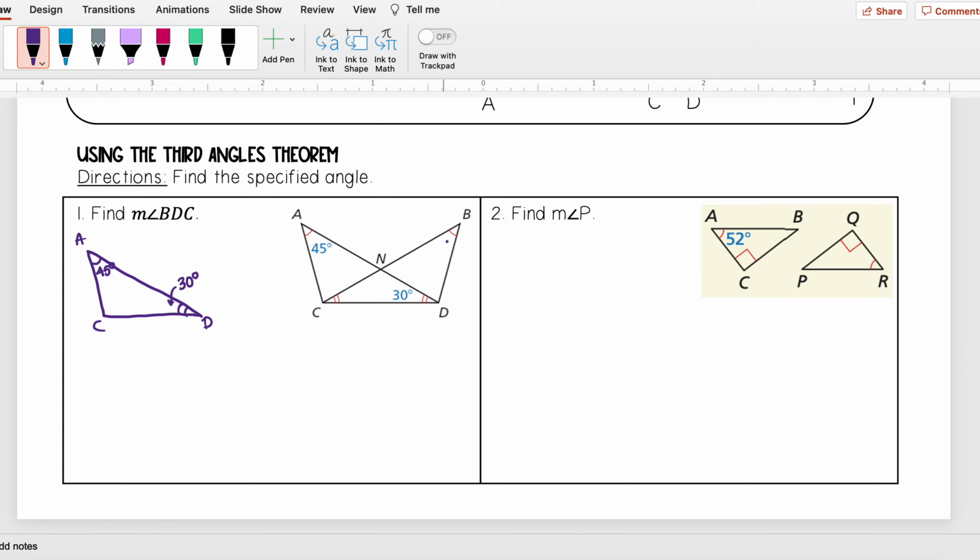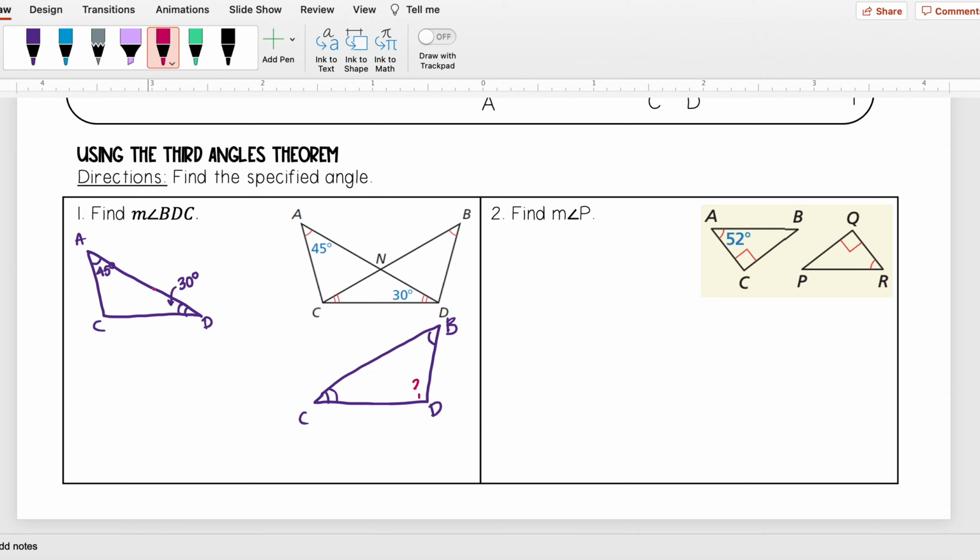And then I also have this BDC here. I'll draw that one over here. And so I know that this angle right here has the two arc marks. Angle B has the one. And I'm wanting to find what angle D is. This is my goal here. It's angle BDC.